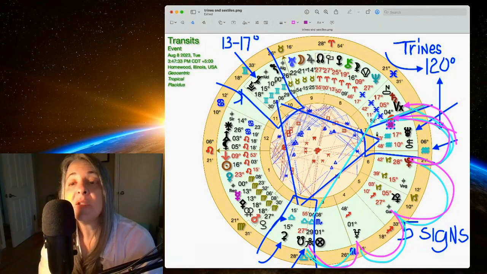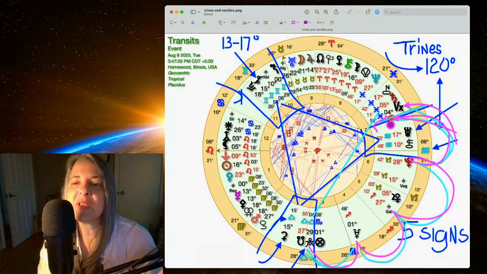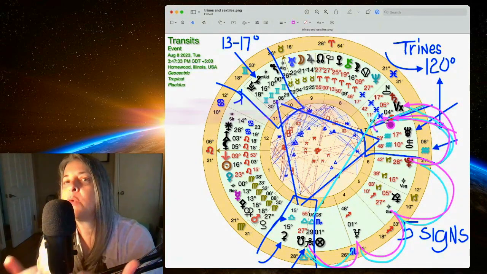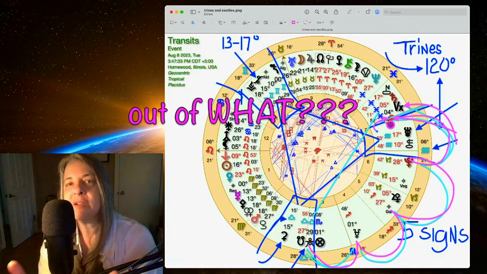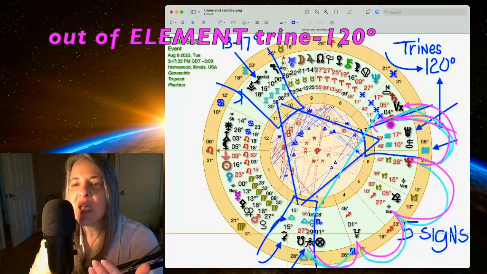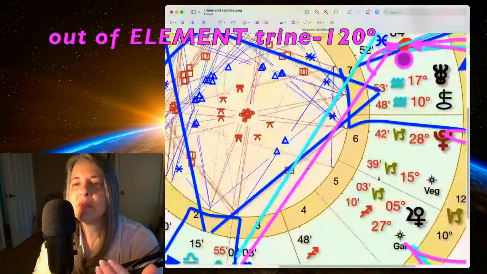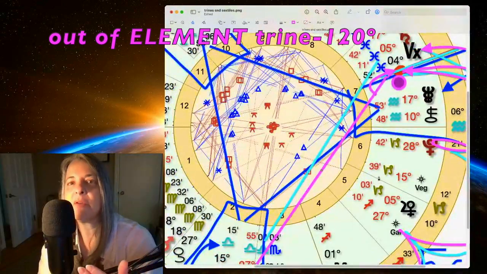But look, I drew something in for the sake of this presentation at 0. I could have drawn something in at 29, but I wanted to show you what an out of sign trine looks like. So at 0 degrees Pisces, that would give us an out of sign trine to this Humea down here. Make sense? That's what an out of sign trine looks like.